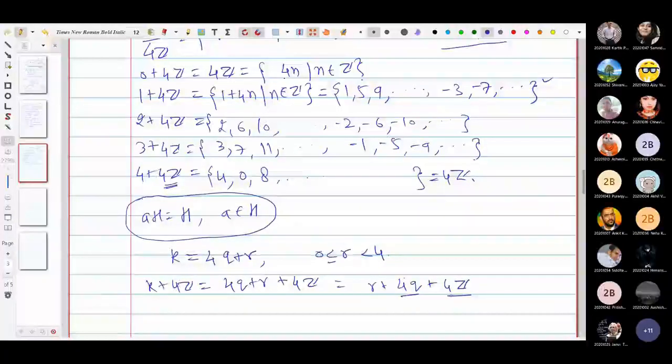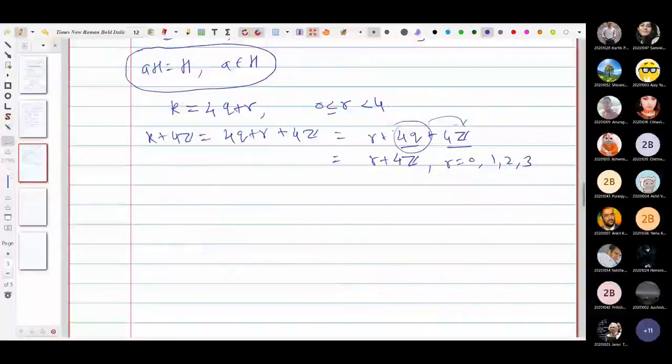So we must have cosets of this form, where r can take the values 0, 1, 2, and 3. You see here, because the remainder should be non-negative and strictly less than 4.